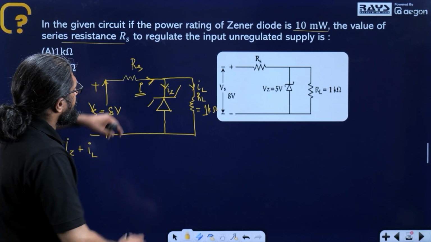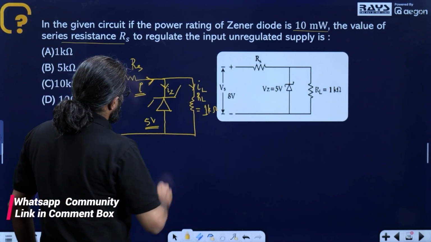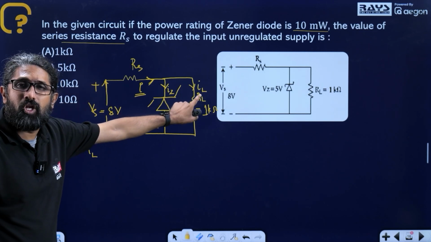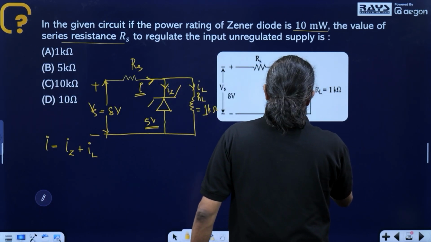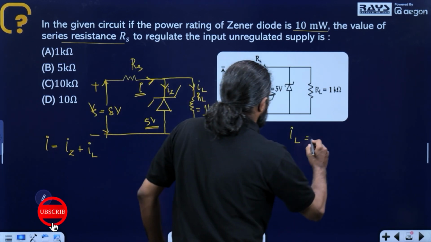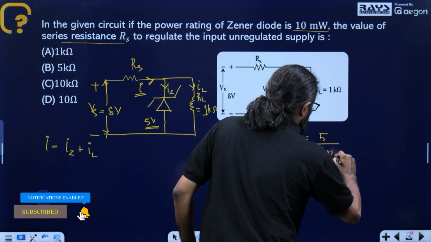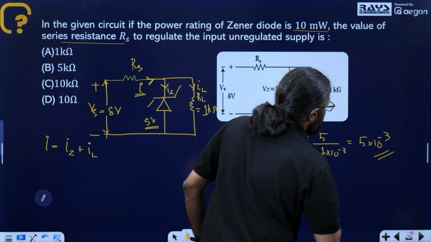Remember the fact that the breakdown voltage here is 5 volt. Zener voltage is 5 volt here. 5 volt is applied across the load resistor, which means that the current IL can be easily calculated. IL will be equal to V by R, that is 5 divided by 1 into 10 raised to minus 3, that is 5 into 10 raised to minus 3 here.